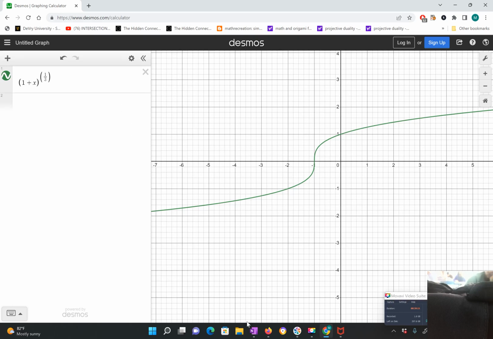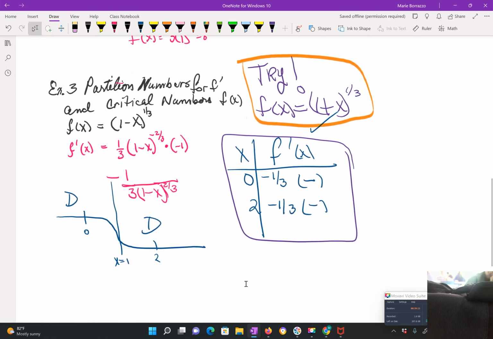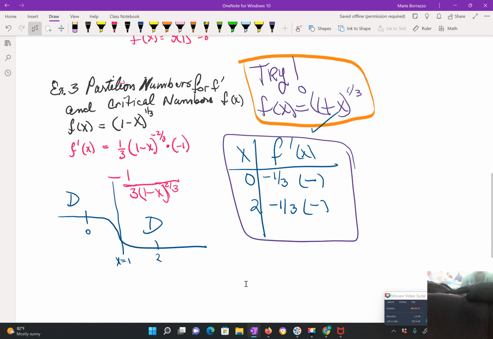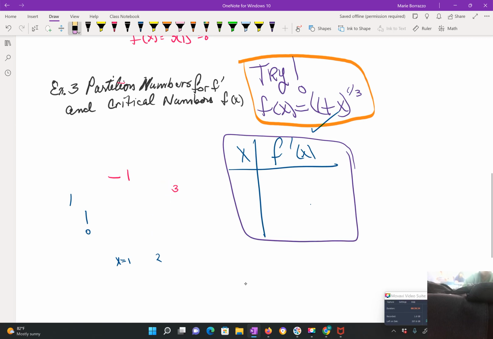So if I'm going to follow this model that I see here, based on the fact that -1 is my partition, I'm going to actually even erase this to not confuse anybody.